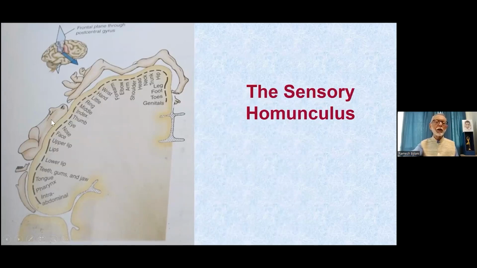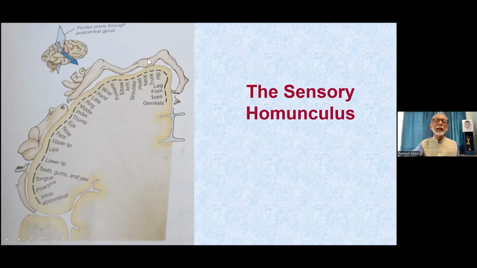The face as a whole is here, occupying such a big area. And the hand again is occupying a big area, particularly the fingers and the thumb, even more than the rest of the fingers. And then here you have the leg and the foot. So this is the upside down representation.